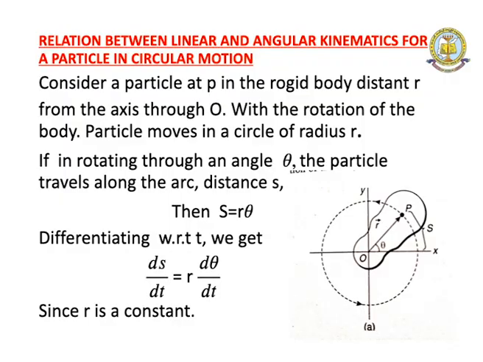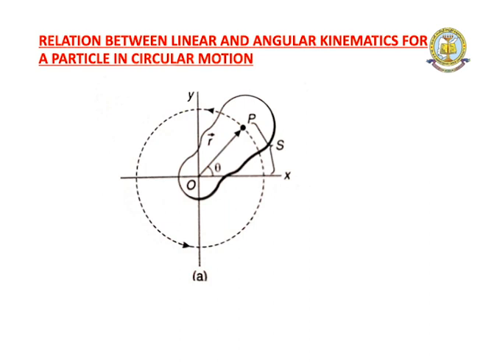The particle moves in a circle of radius r. If it rotates through the angle theta, the particle travels along the arc, the distance s. So the displacement is s, the angle is theta, and the radius, the position vector, is r.